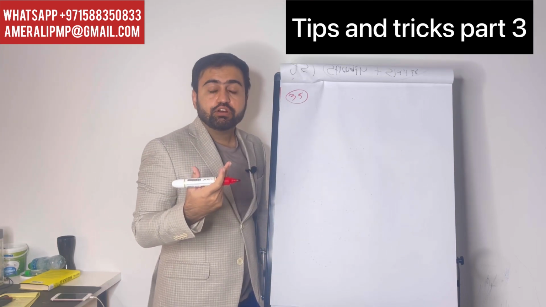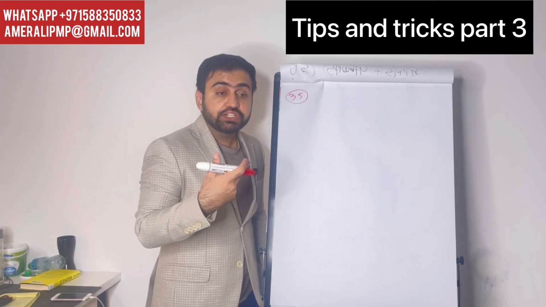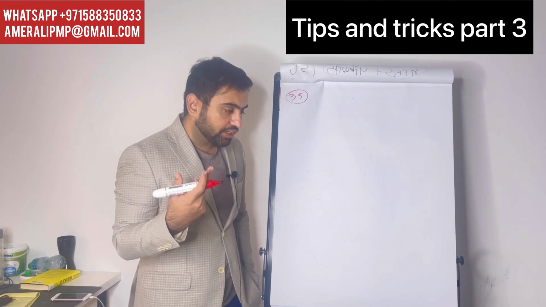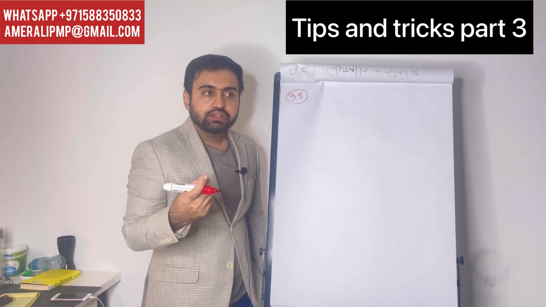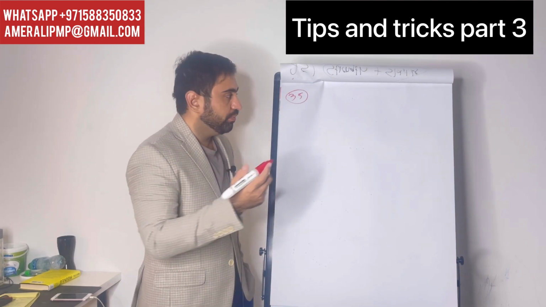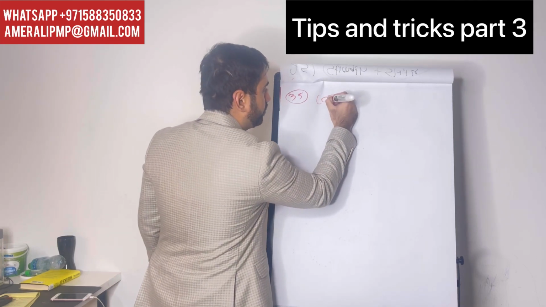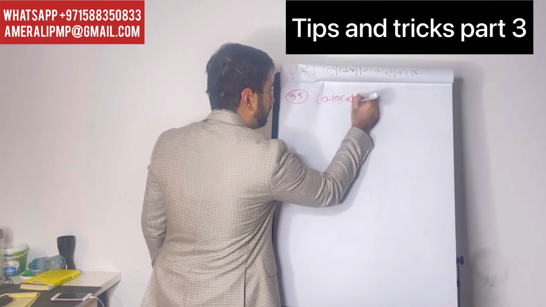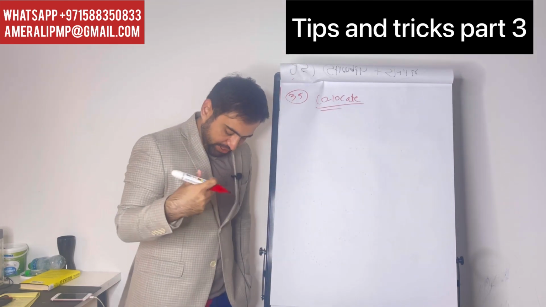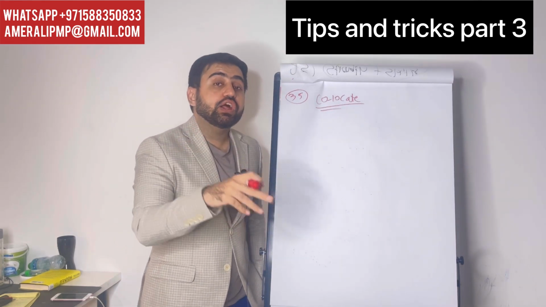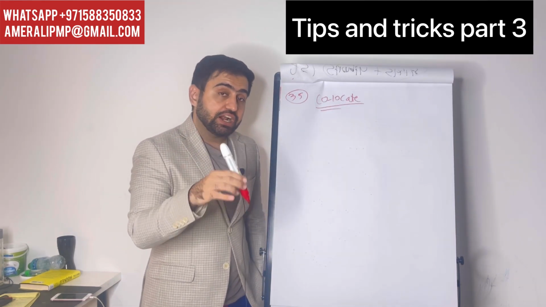Even if the teams are virtually distributed, globally dispersed all over the world, whenever the question says that there's a communication problem, try to co-locate them. Put all of them in one location, at one place.